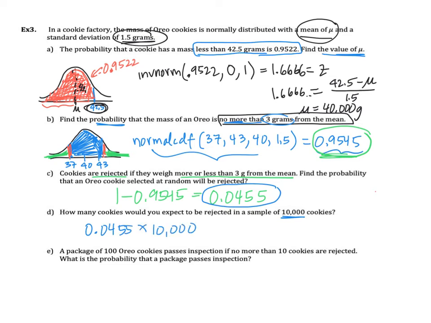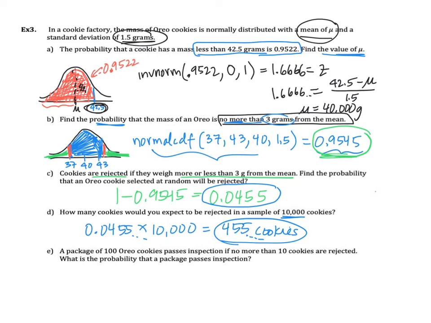Right? So if there's 10,000 cookies, I'm going to multiply that by the percentage that are rejected. So 4.5% of 10,000 cookies is roughly 455 cookies. And if you had more decimal places, then you could put 455 point, whatever those values are. My calculator, I don't have it right now, so it's just 455 cookies.